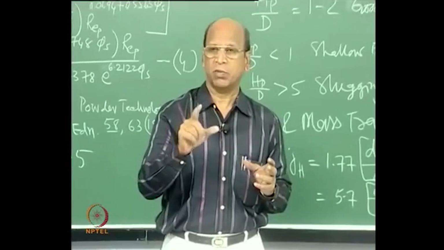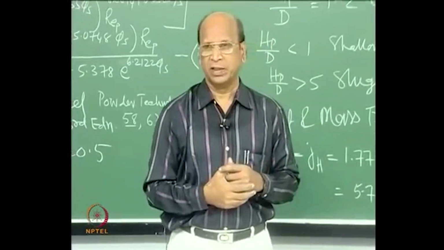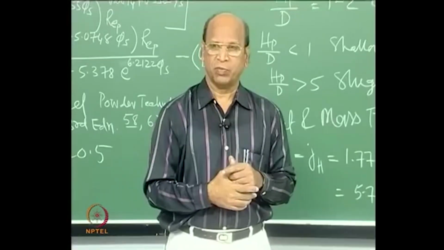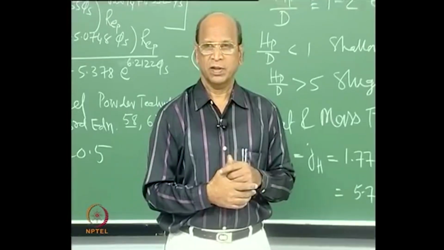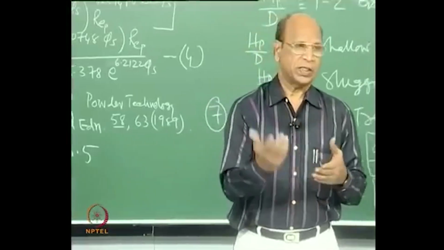What they plotted was conversion versus, for a first order reaction, the natural number that comes on the x axis. For a batch reactor normally you use time; here it is the Damkohler number. What is the Damkohler number for first order? It is k tau, where k is the reaction rate constant and tau is space time.